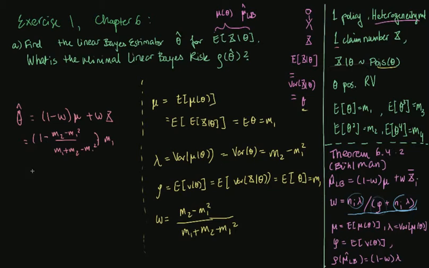And then plus w multiplied by x, where w is equal to m2 minus m1 squared divided by m1 plus m2 minus m1 squared, multiplied by x.